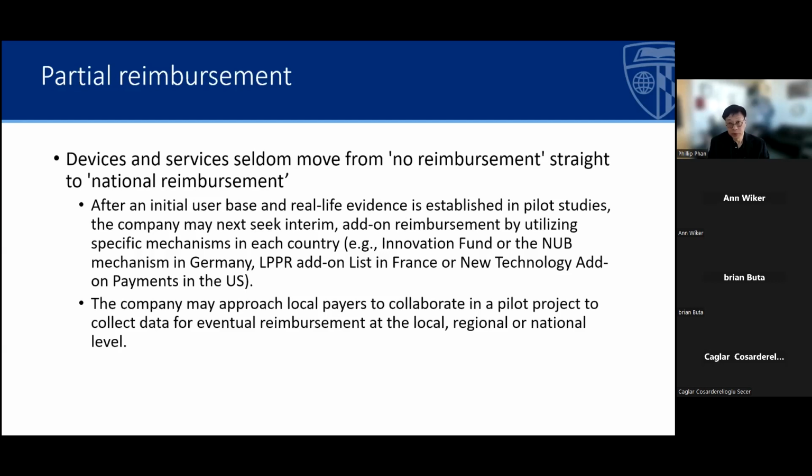In order to prove more substantively that you have a much better solution to an already covered condition at a lower cost, right? So these kinds of partnering opportunities with payers do exist.